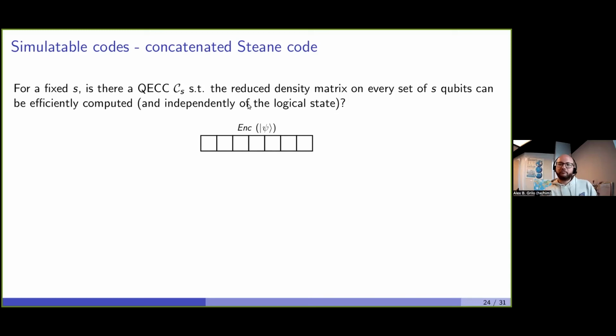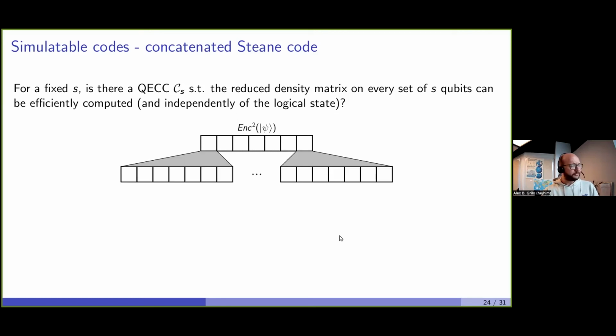And the way that we managed to construct these simulatable codes is just doing concatenation of, for example, the Steane code. So, for example, when you concatenate it twice, every qubit of the encoding of psi is encoded again using the Steane code. And whenever you look at 3 qubits of the encoding of the concatenated Steane code of some state psi, we know that it comes from the encoding of the totally mixed state of the first qubit.